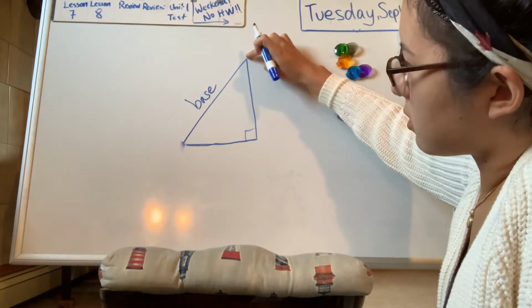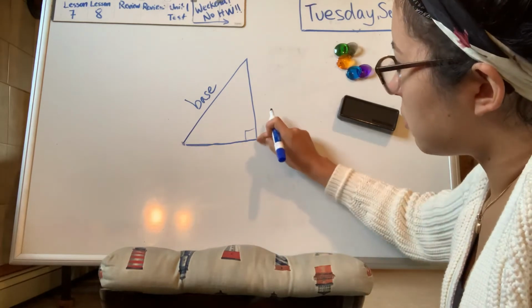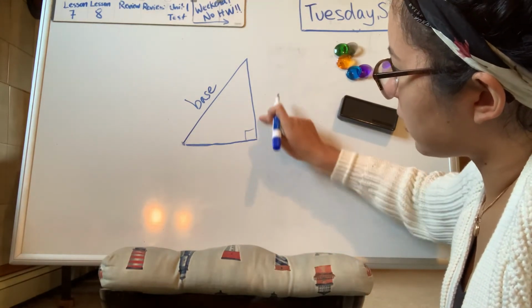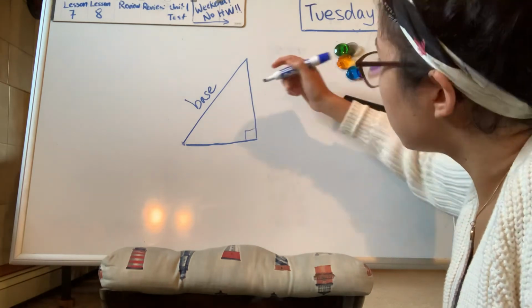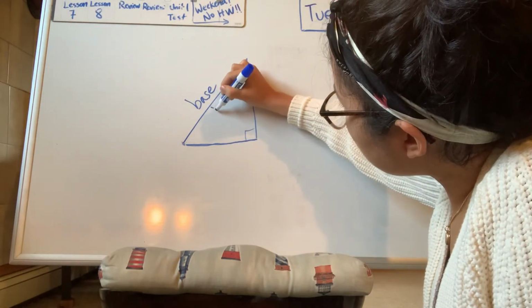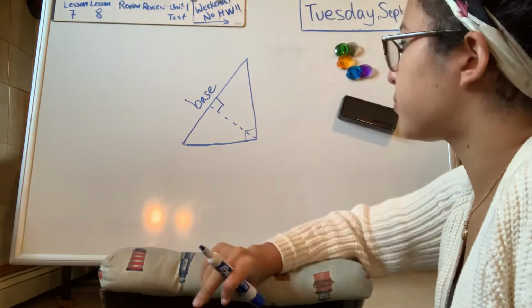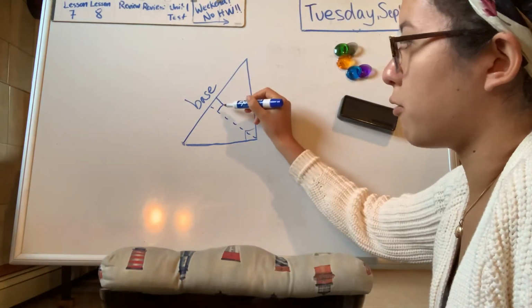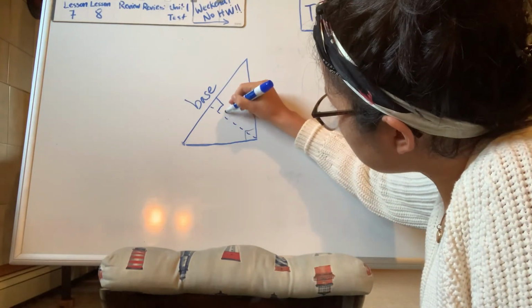Well, it's not this one because that's connected to the base, and it's not this one either because that's also connected to the base. So it must be this one. As you can see, this angle is the furthest away from that base. This is the one that's opposite the base. So we're going to draw a perpendicular line from our base to that angle. And you see I've marked it perpendicular. So that would be our height.